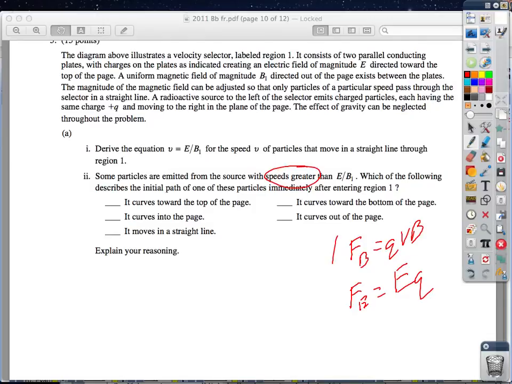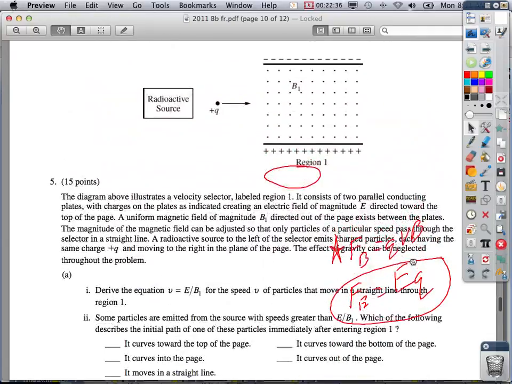You see that this is the one that changes. No matter what the velocity is, F_E stays the same, if they're all the same charge. Okay, so yeah, we're assuming they're all the same charge. So if v is greater than E over B, so if we're saying that this is the v that makes it go straight, if it's greater, F_B gets greater, so what is the particle going to do?